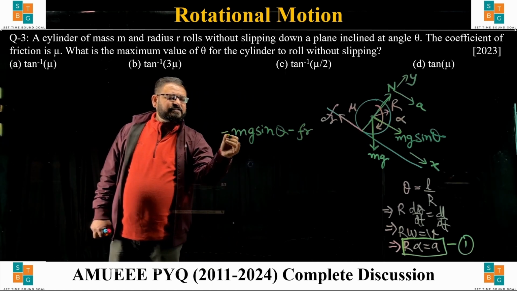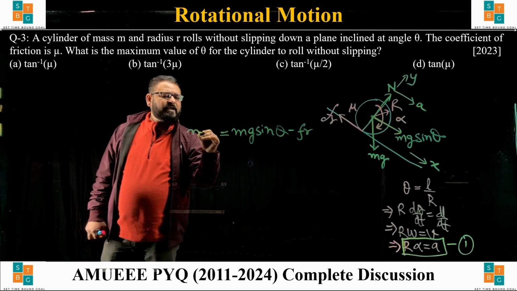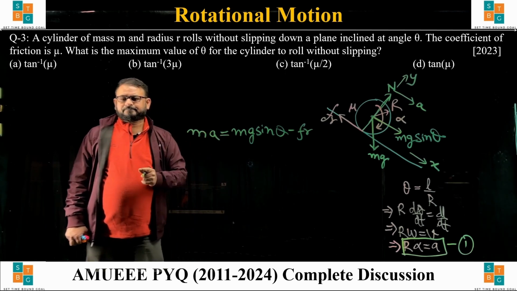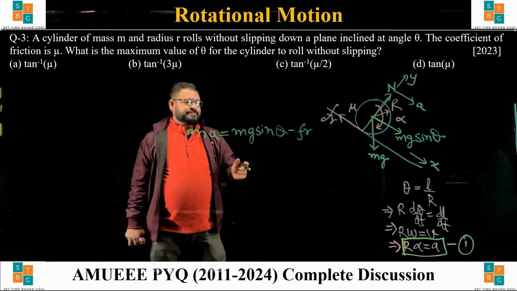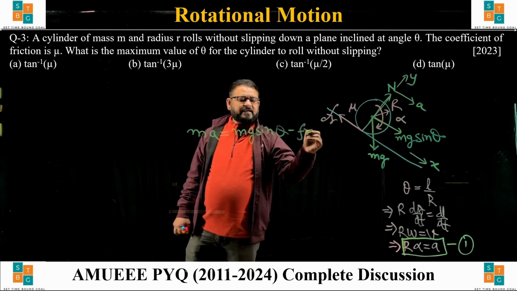And this is the unbalanced force equal to m times a, right? So this is our second equation.